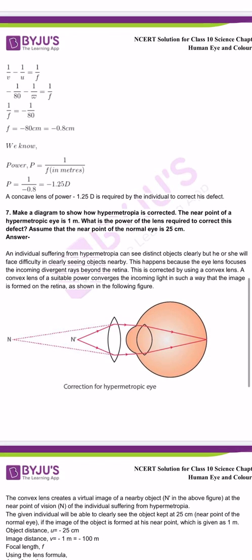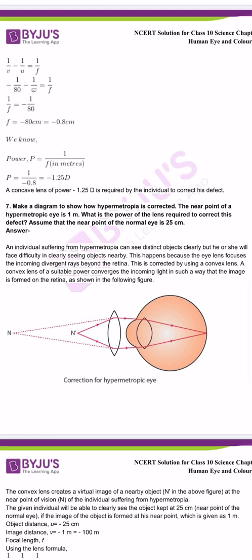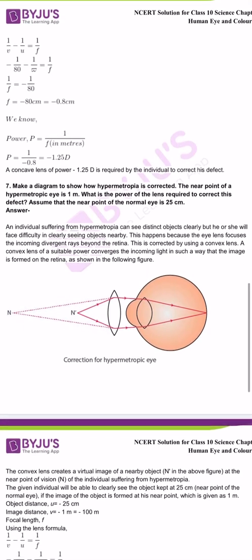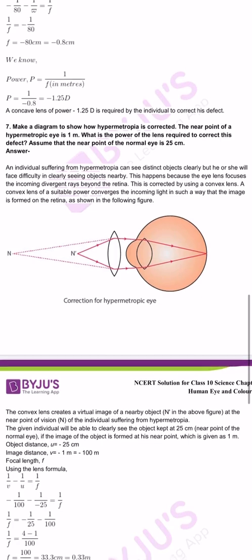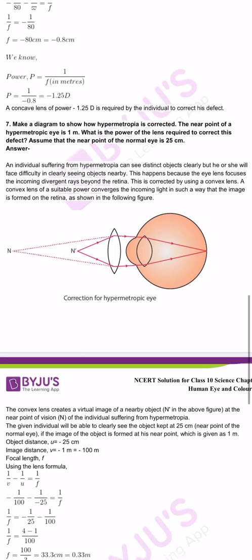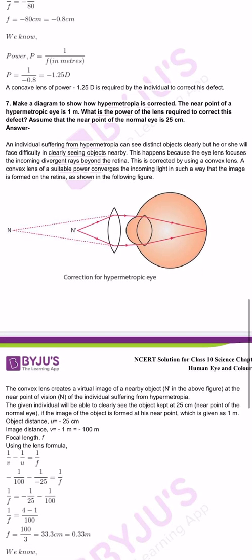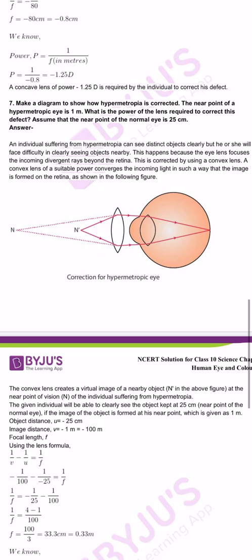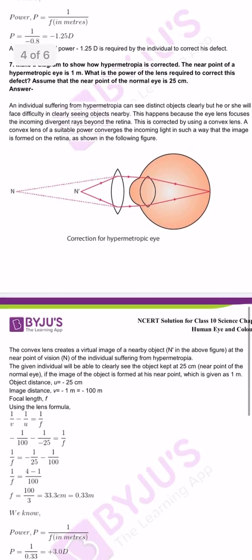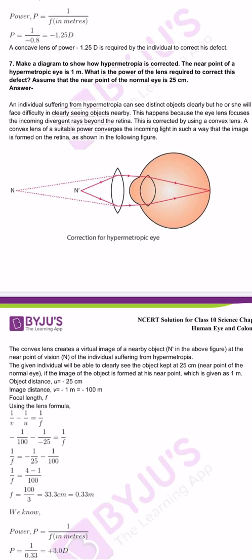We know the lens formula, we have learnt in chapter 10, 1 upon v minus 1 upon u is equal to 1 upon f. We put all the values and find the value of f, and that comes to be minus 0.8 meter. Now, we know that power is equal to 1 upon f, and f must be in meters. So, power will be minus 1.25 diopter. So, a concave lens of power minus 1.25 diopter is required by the individual to correct this defect.